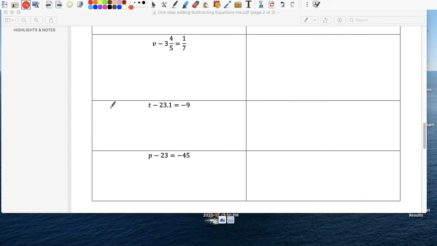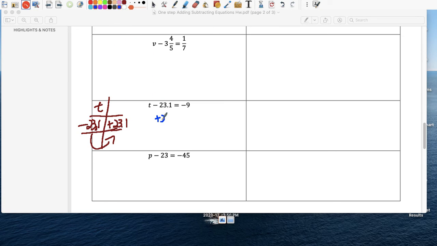Nope, sorry. Here's my variable t. Somebody subtracted 23.1 from me. Somebody subtracted minus 23.1. So in order to undo that, I'm going to add 23.1.